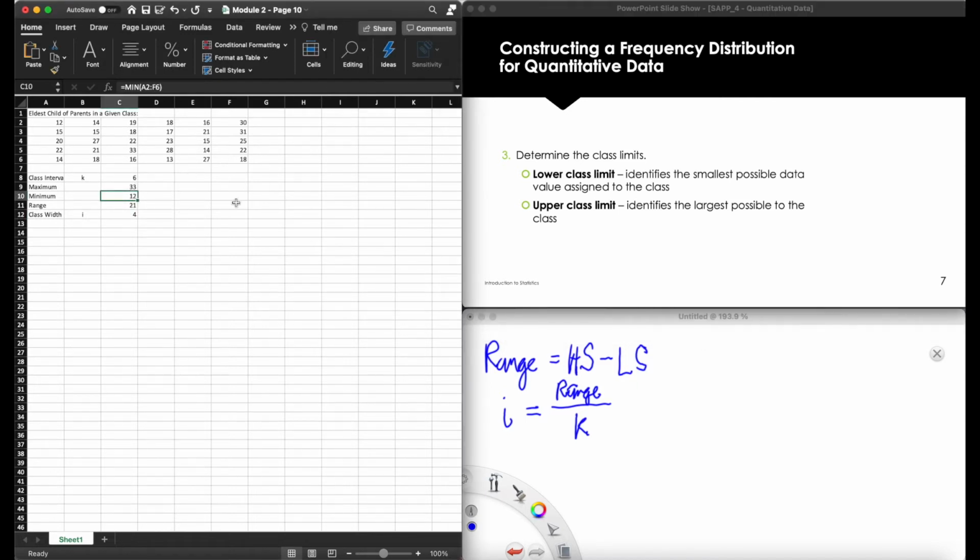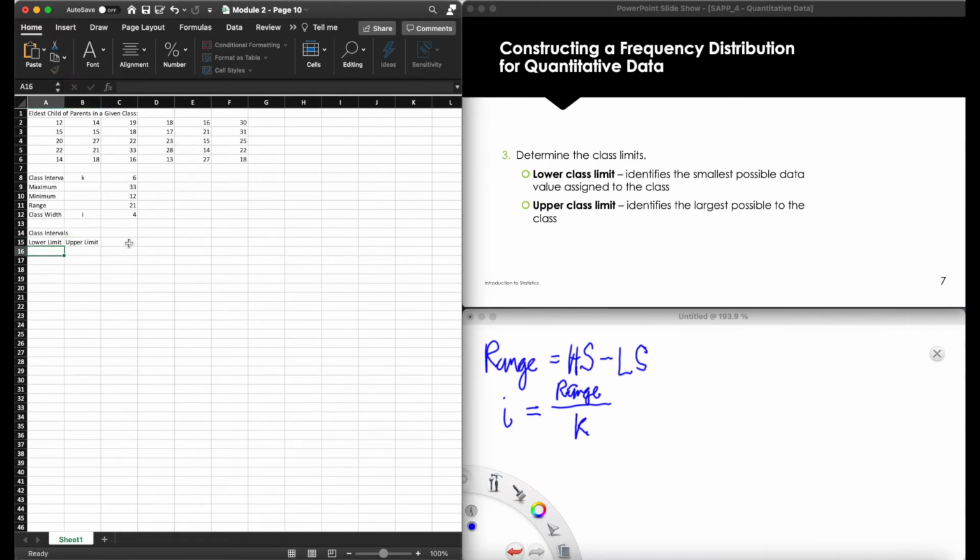So we're going to make use of a table here. We're going to write here class intervals, and then the lower limit, and then we have the upper limit.